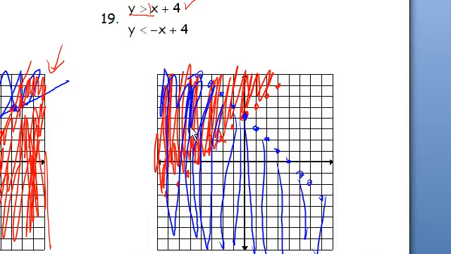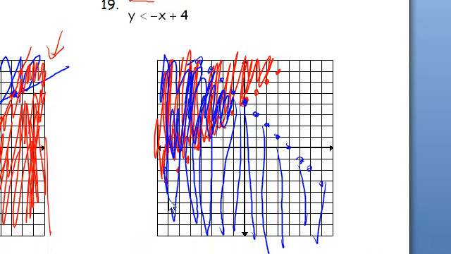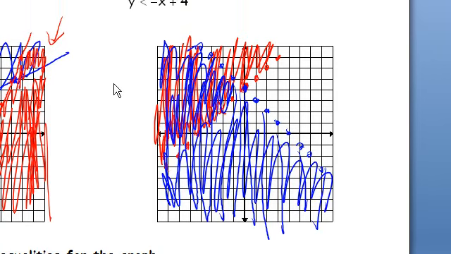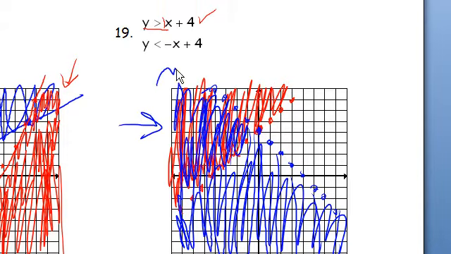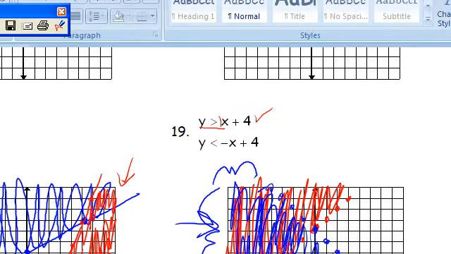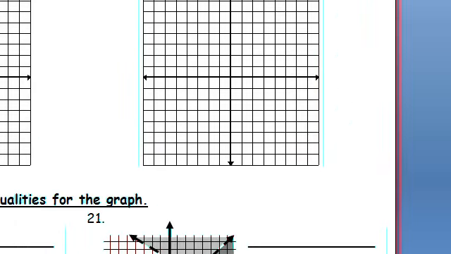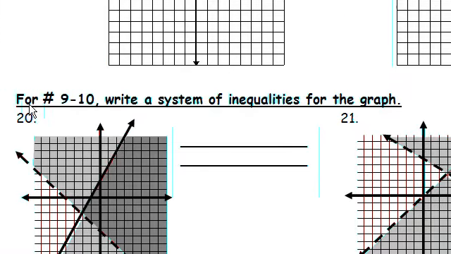And so we see that our solution area is where our two colors overlap, which is right in this region, right here, right there.